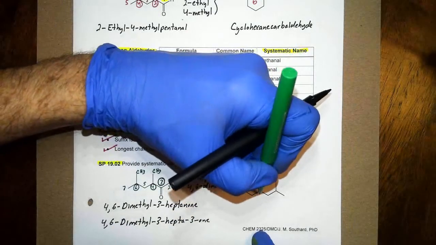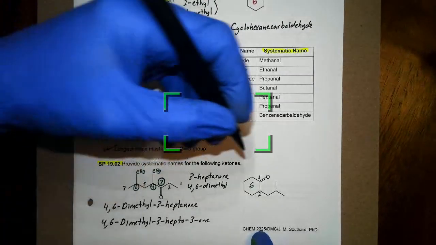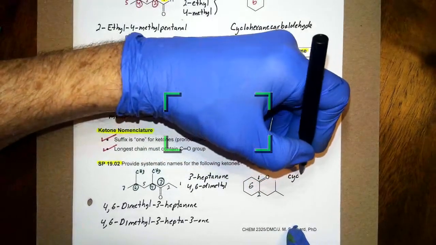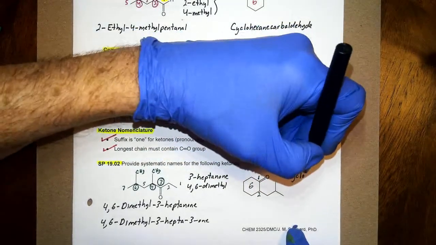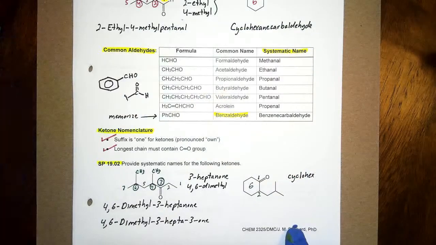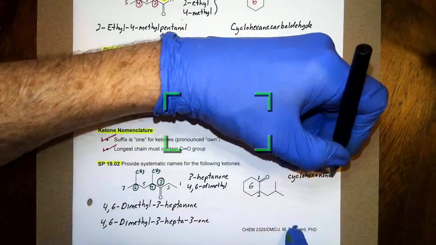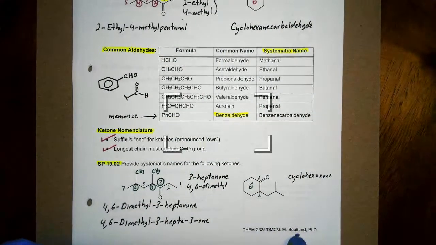So we're going to go clockwise and stop there. So the parent name here for this compound is what? Cyclo, because it's a ring. Hex, because it has 6 carbons. Alright, this is the cyclohexanone derivative.